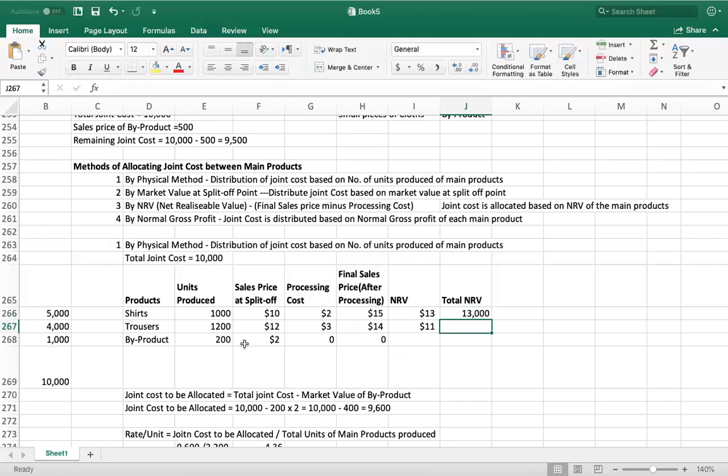And here 1,200 multiplied by 11 is equal to 13,200. So the total net realizable value is 13,000 plus 13,200, which is 26,200. This is our total NRV.